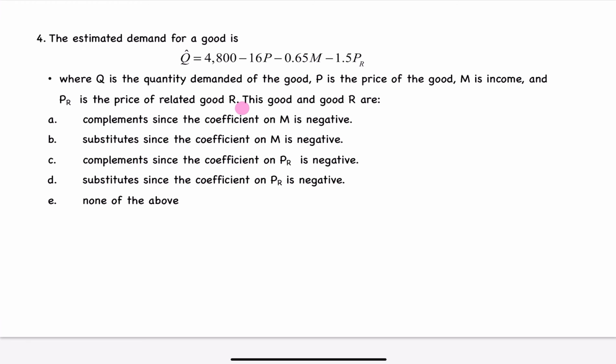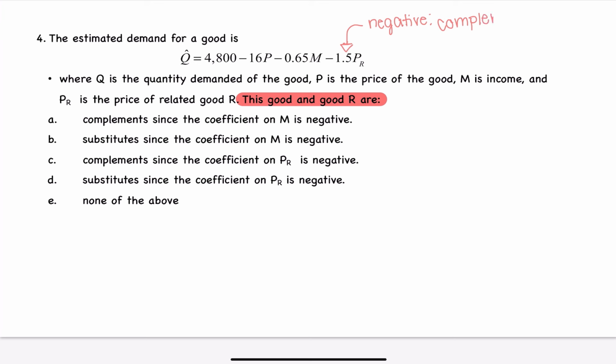Next one says this good and good R are. So we are looking at this number. If it's negative, then they are complements.